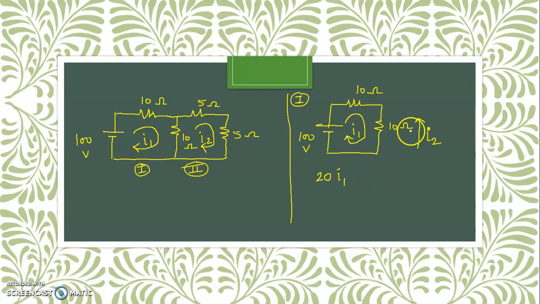Now I2 is flowing only through this 10 ohm for this first loop, but this is in opposition to I1. If it is in opposition, that opposition is indicated by a negative sign. The value of the resistance is 10 ohm, and the current is I2.